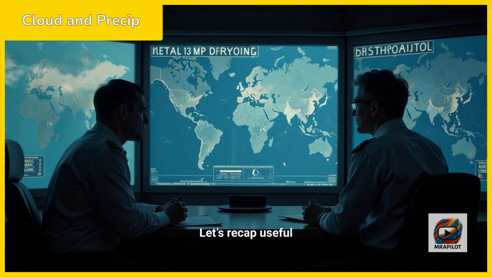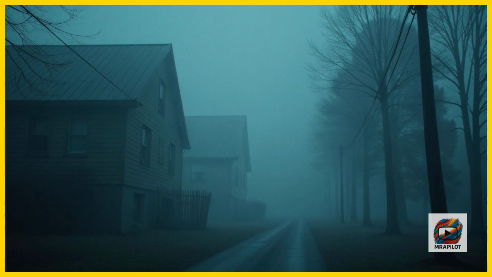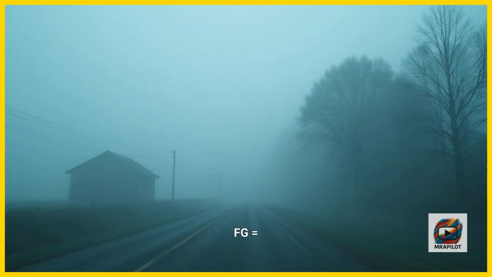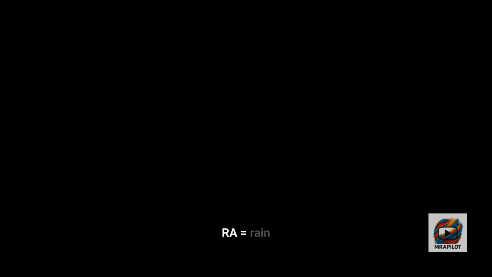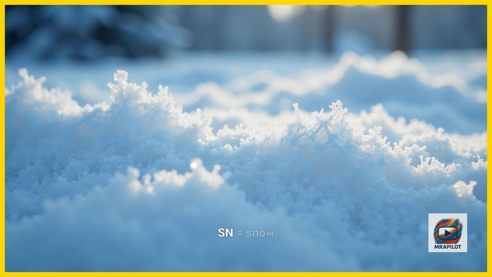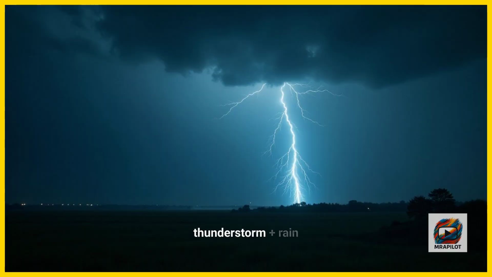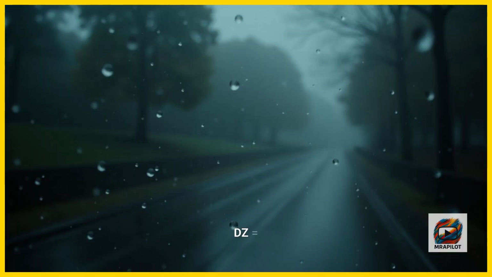Let's recap useful cloud and precip terms on METARs and TAFs. BR equals mist. FG equals fog. RA equals rain. SN equals snow. TSRA equals thunderstorm plus rain. DZ equals drizzle.